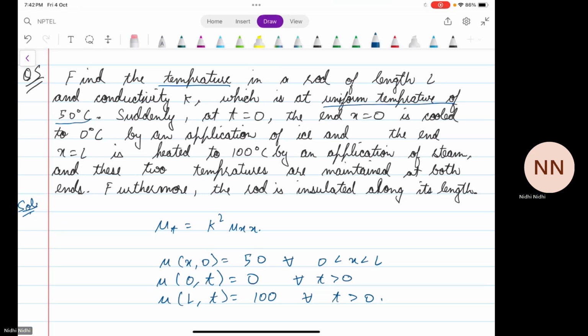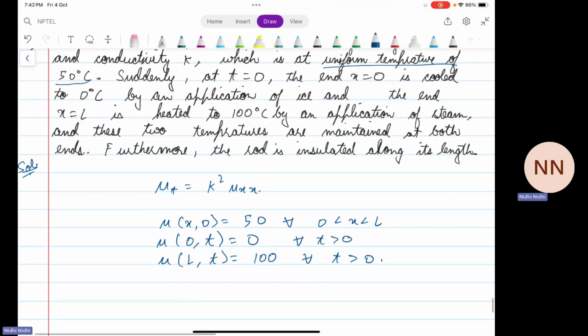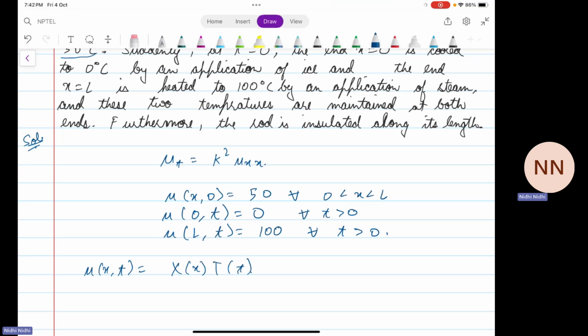Now, if we start with our standard way of solving these kinds of problems, taking u(x,t) to be X(x) times T(t), the boundary condition gives u(0,t) equals 0, which is X(0)T(t) for every t positive.